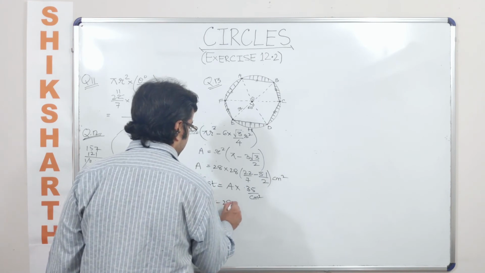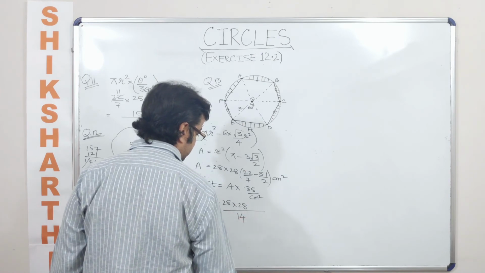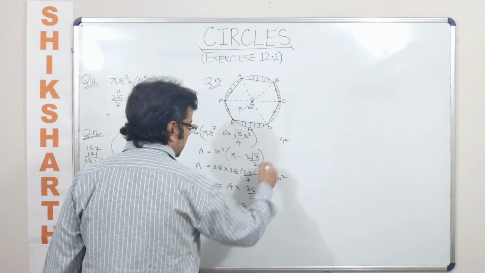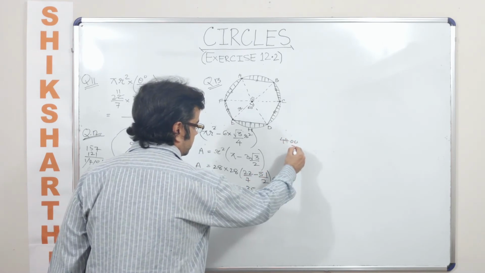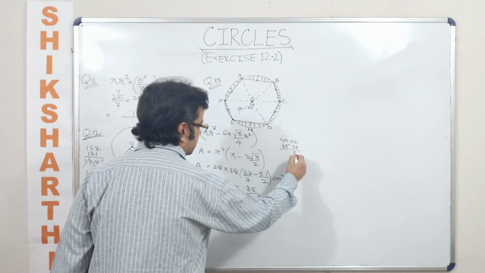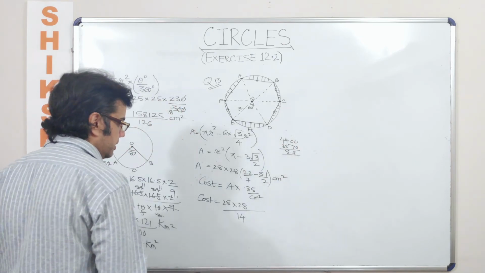This is 28 into 28. Now we would have already taken the LCM as 14, so this becomes 44, and this becomes how much? Can I say this is 8.3? Yes.